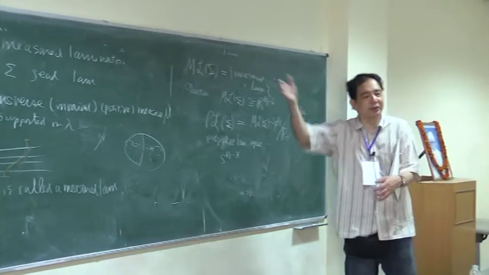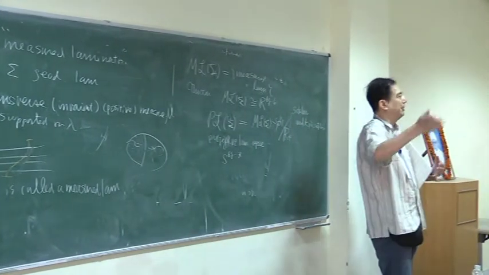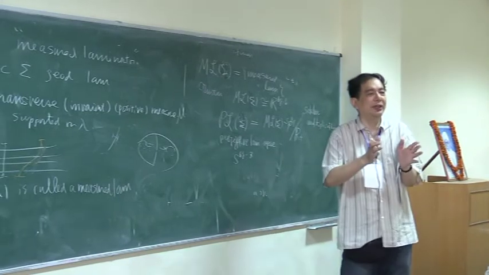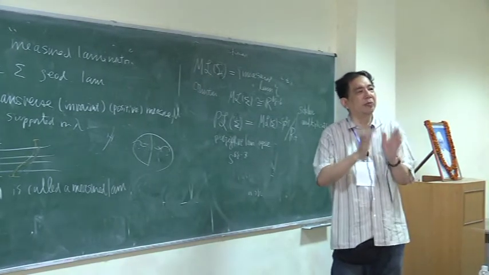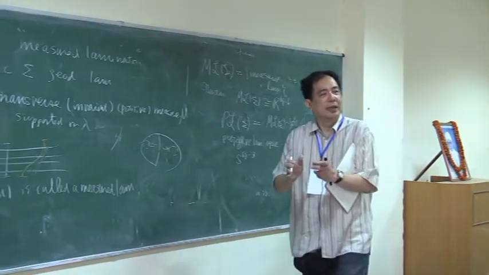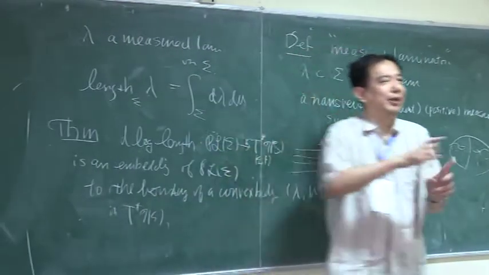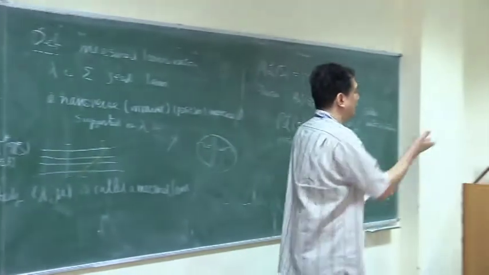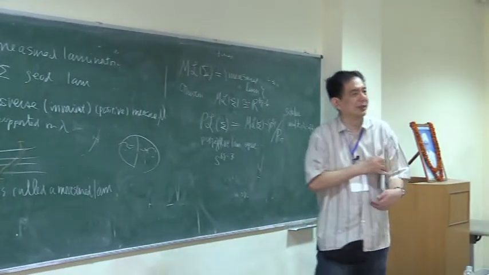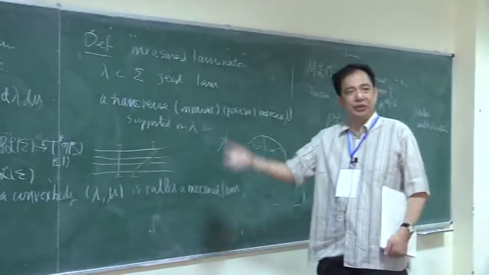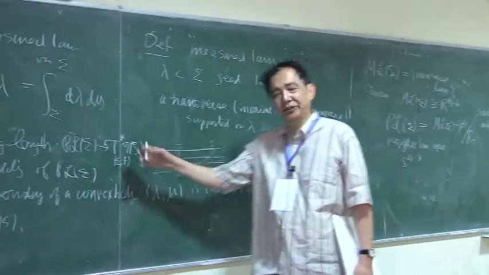Because the cotangent space is just a dual of the tangent space, you consider the vectors whose norm is equal to 1, and then take the supremum of the pairing, then you get the norm on the cotangent space. So that's the usual definition of the norm on the cotangent space.